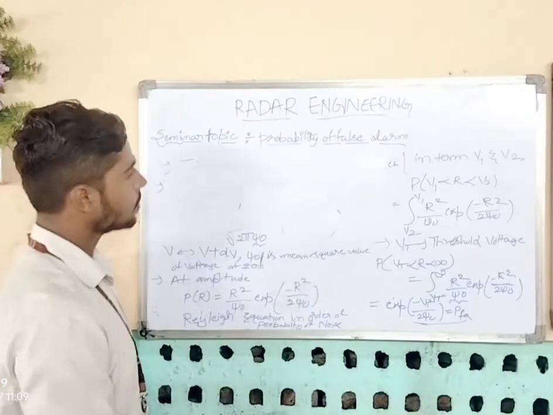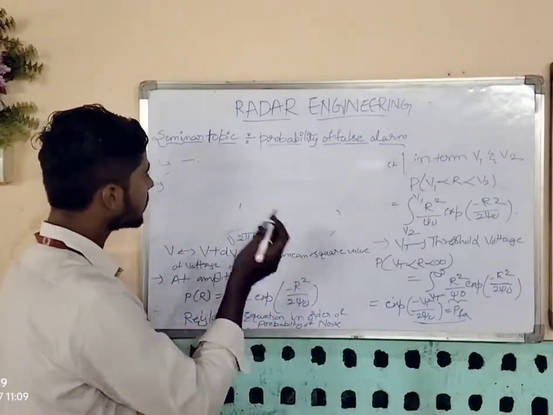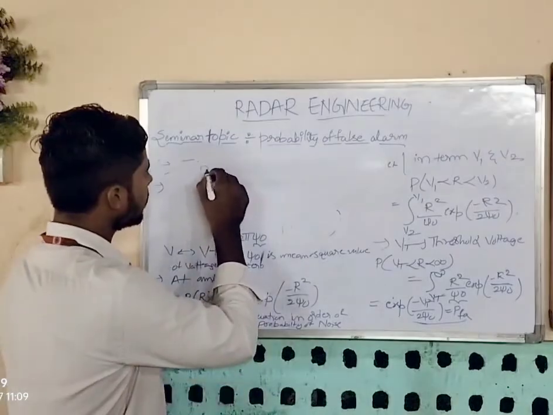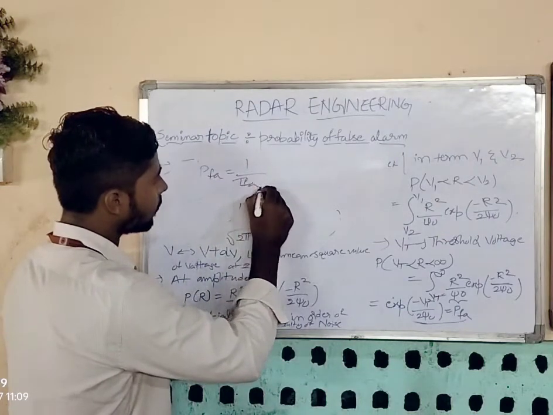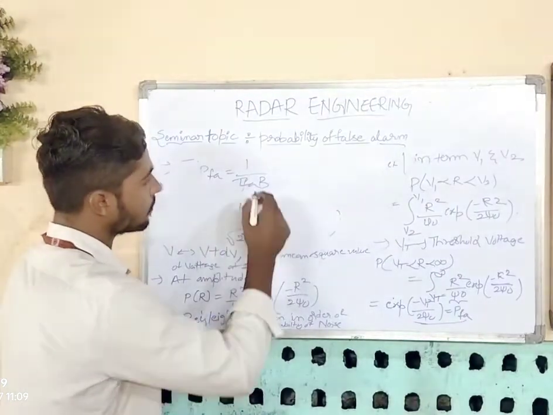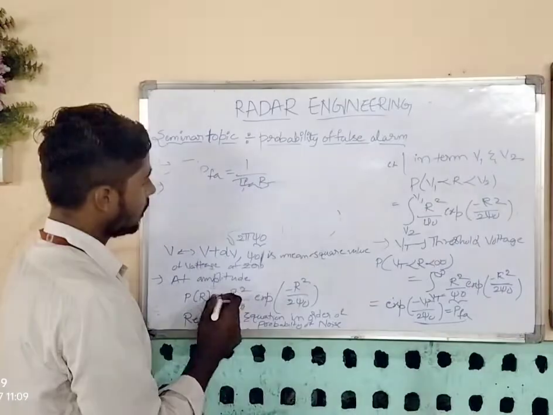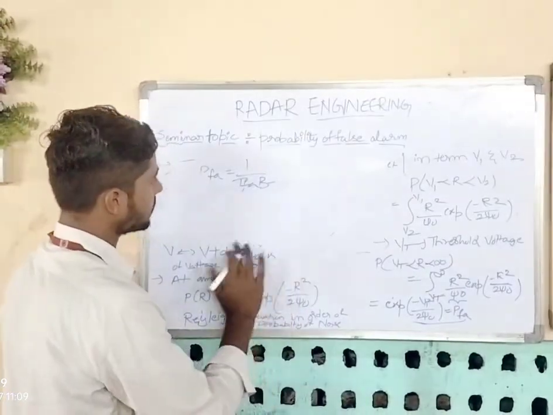In terms of probability of false alarm or probability of noise, based on this equation, the probability of false alarm is P of Fa equal to 1 by Tfa times B. Here Tfa is called the time for false alarm and B is the bandwidth. Let us see the graph representation.